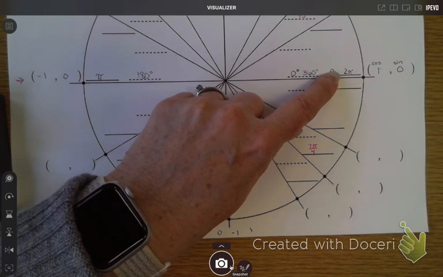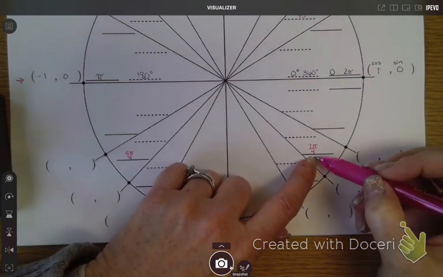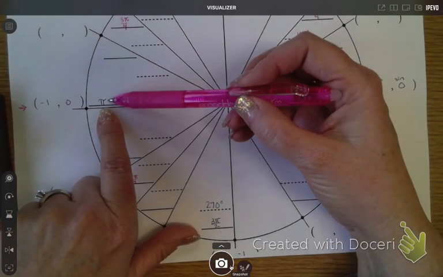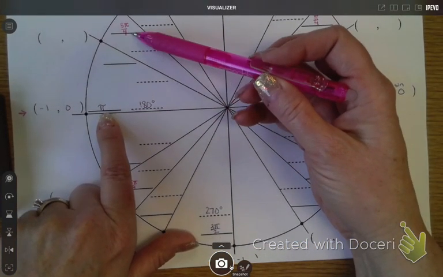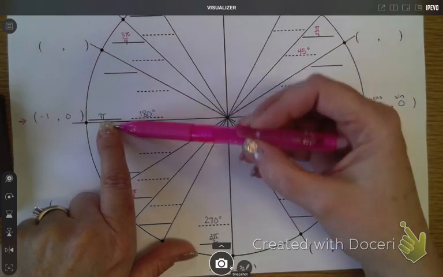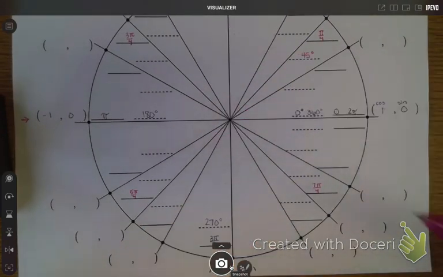If it's 2 pi and we have 4, how many pieces do we have? 8. 4 times 2 is 8. 1 less than 8 is what? 7. We're going to add up and subtract. So 4 pi over 4 minus 1 is what? 3 pi over 4. So we're going to be adding up and down from that x-axis. I know in physics you're allowed to draw triangles anywhere you want. Not in here. You can only draw them to the x-axis.